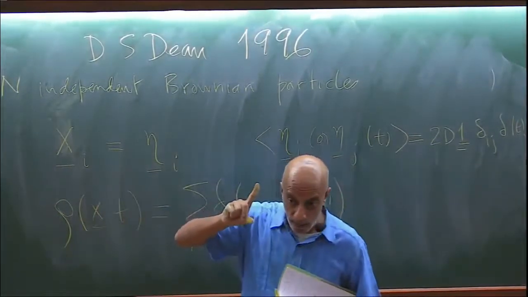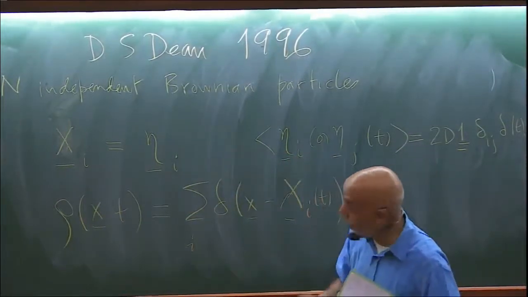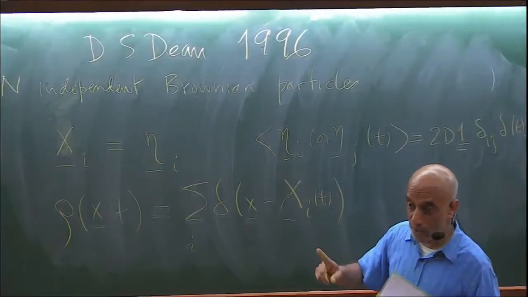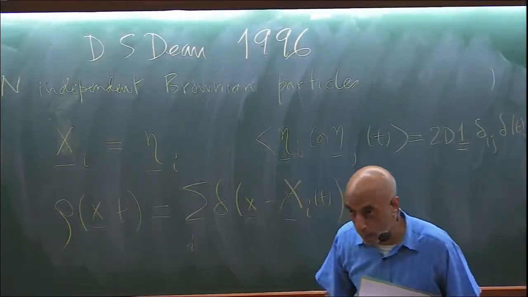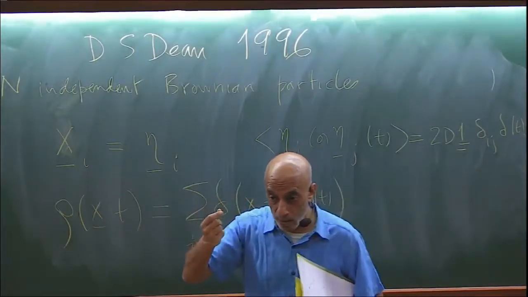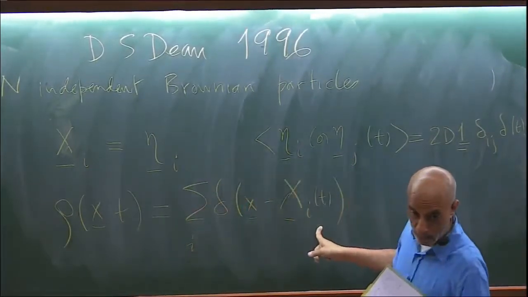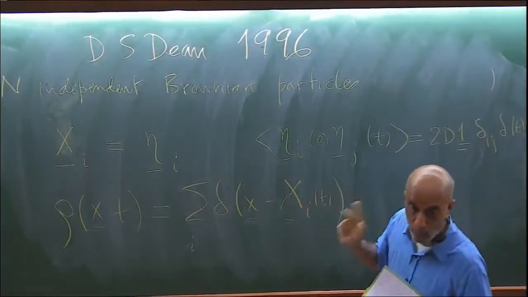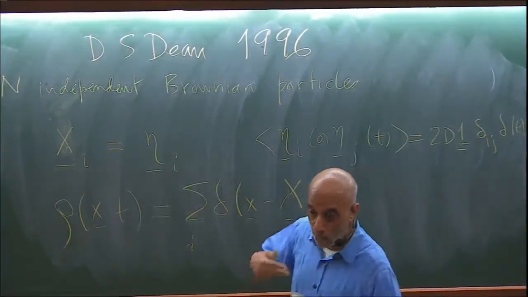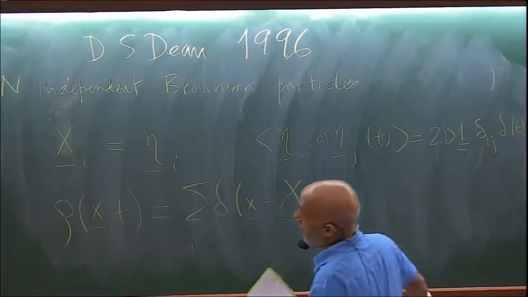If there was only one particle, then normally you build the Fokker-Planck equation by taking this and averaging it. We won't average it. It's like if you're doing quantum mechanics, suppose you had a bunch of particles, each one's position is an operator. This would be the density operator. Not the density, but the density operator. Likewise, this is the density random variable, not the average density. And what does it do?